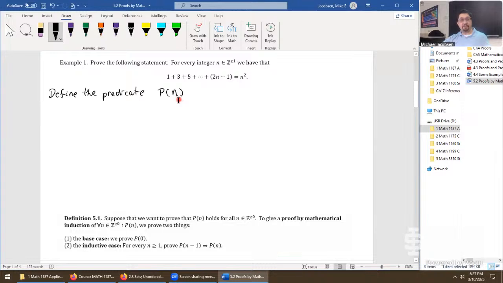Once we give it a value of n, where that could be 1, 2, 3, 4, 5, and so on, it becomes a proposition, which is either true or false. That's why it's a predicate. Its truth value depends on n. And it's just a statement that this equals n squared. It's a clunky statement to write out, in all honesty. But no harm writing it all out if you prefer.